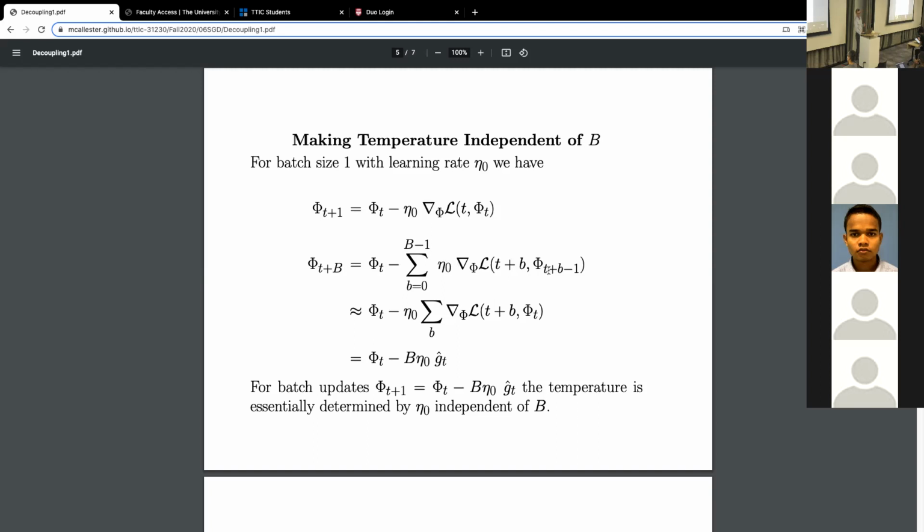And each time I do an update, I'm using a slightly different parameter value. But it's only slightly different, so it's almost the same. If I do B steps of batch size 1, it's almost the same as doing batch size B without averaging. It's the same as taking all of those updates and adding them together.